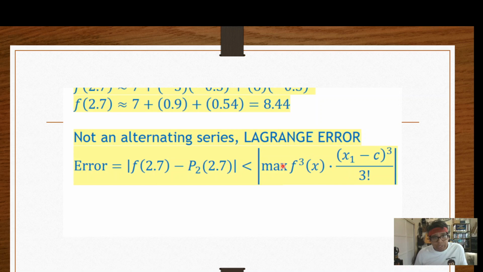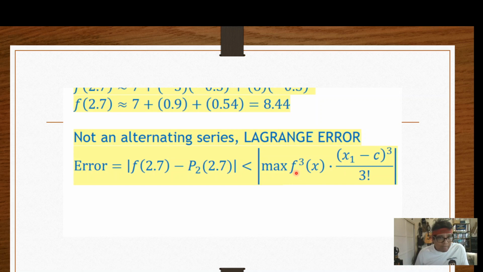You're going to have numbers here for this maximum, for x1, and for c. In fact, I can tell you c is 3, x1 is 2.7, because that's where we are evaluating our function.